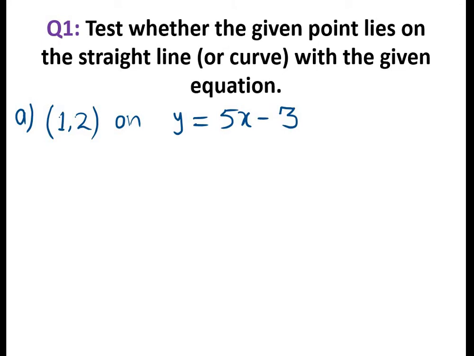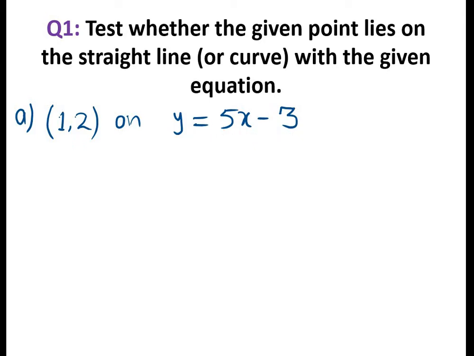The first question says to test whether the given point lies on the straight line or the curve with the given equation or not. What the question means is that you are given an equation of a line or a curve, and you have to put this point in that equation and see whether the left hand side and the right hand side are equal.